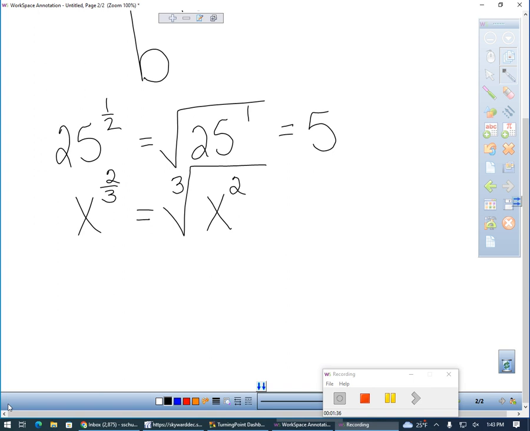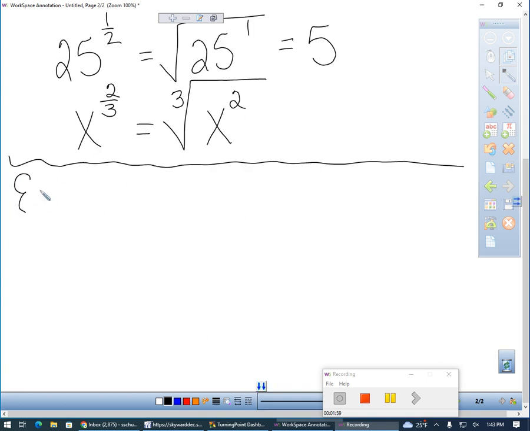Before we keep going, let's just revisit some of our exponent rules very quickly. We have several. First exponent rule: if I have anything raised to the 0 power, that equals 1.